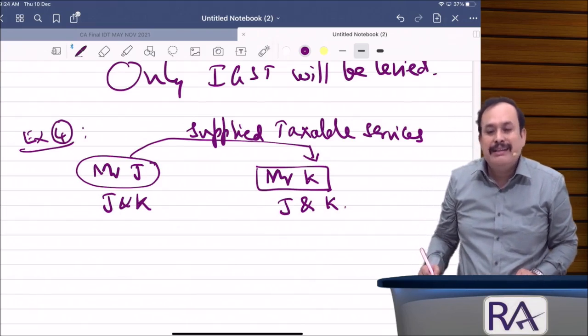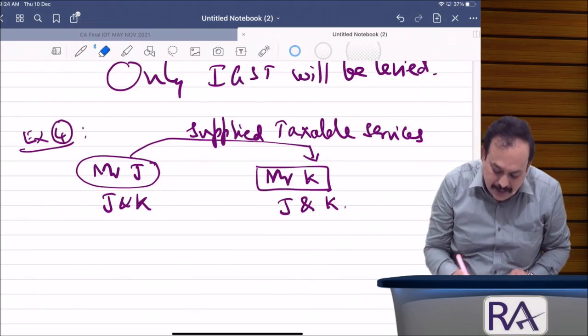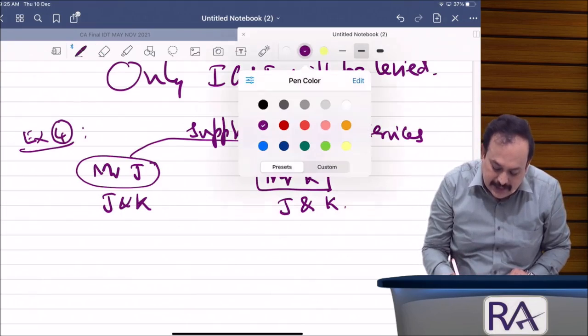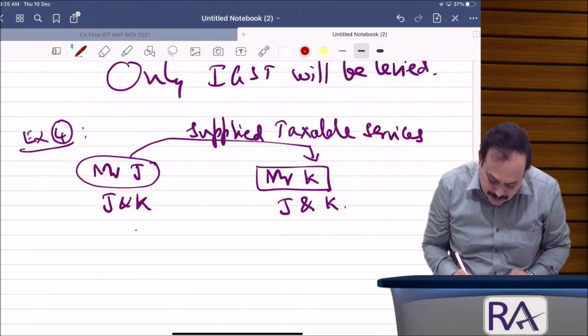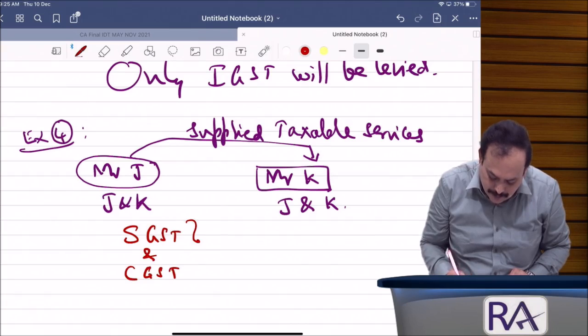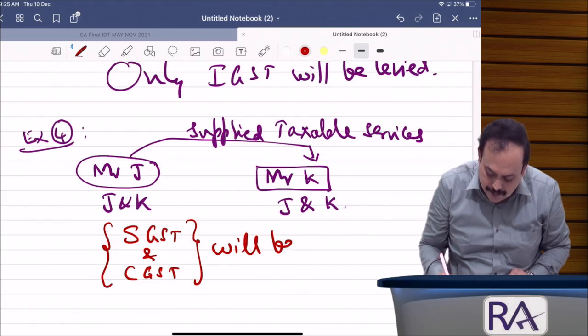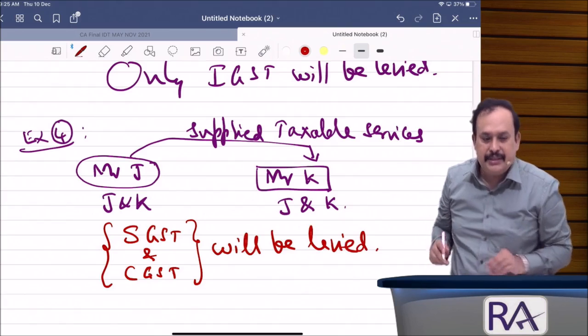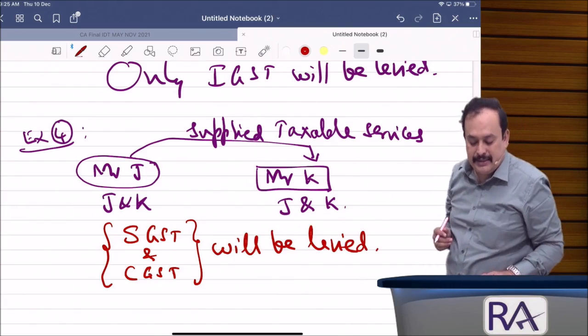It is an intrastate supply. What will be levied, my dear? SGST and CGST will be levied in the state. Got the clarity, my dear sir?